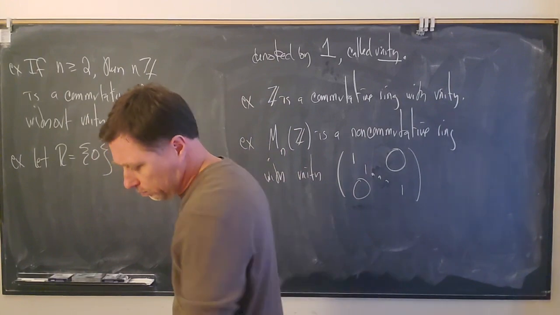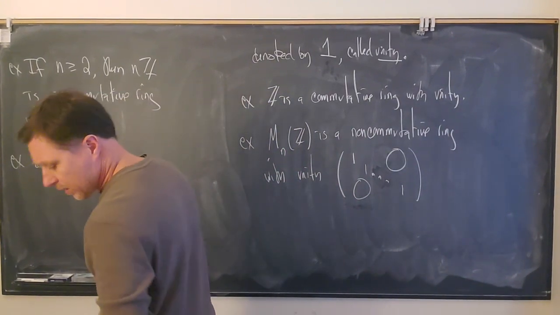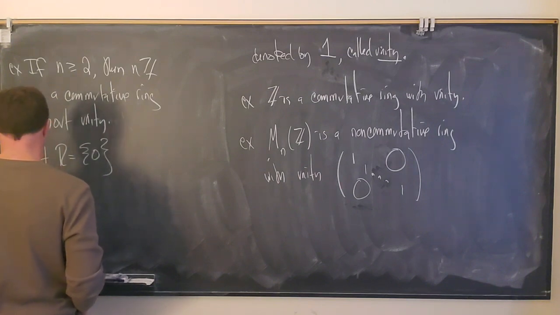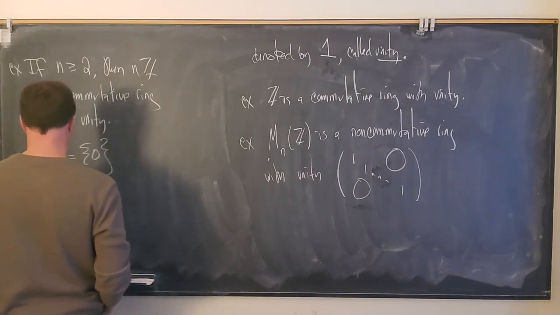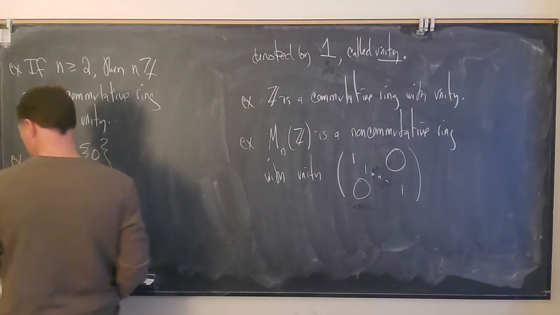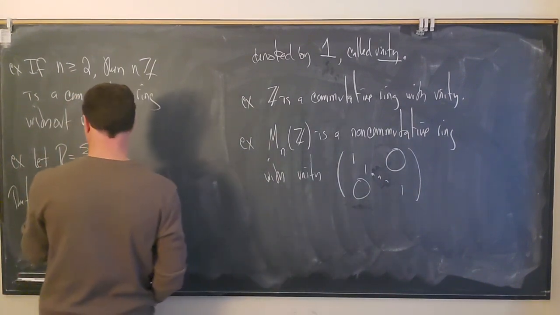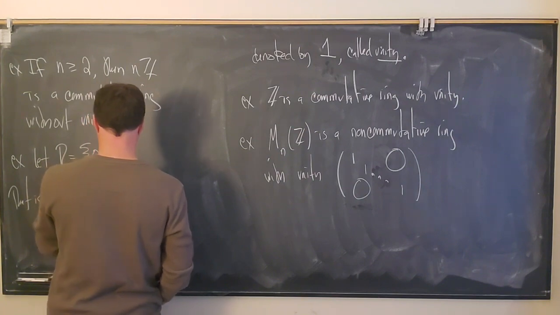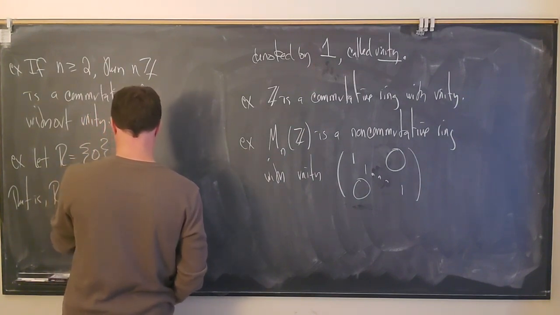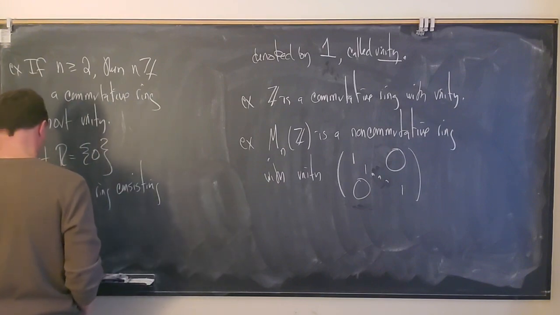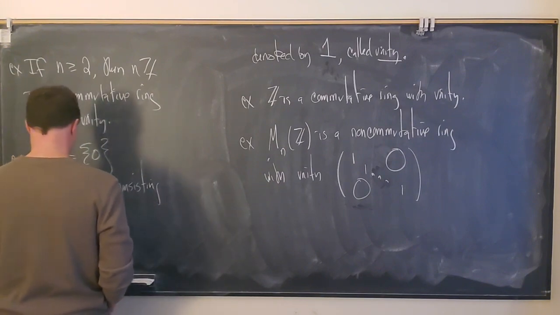So R is a ring consisting of a single element.